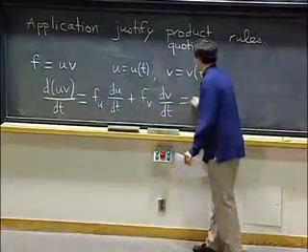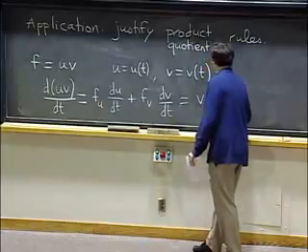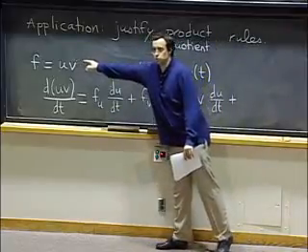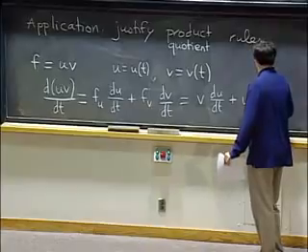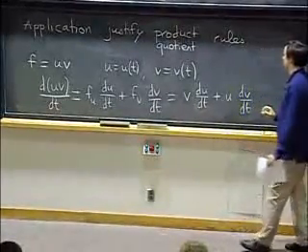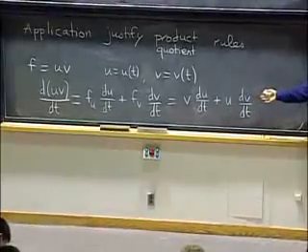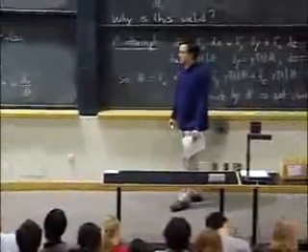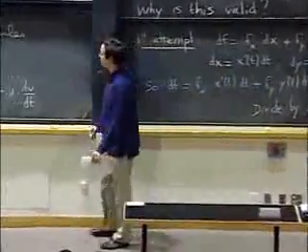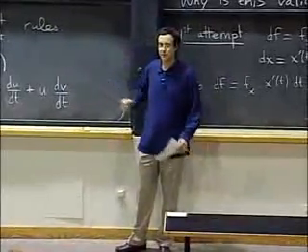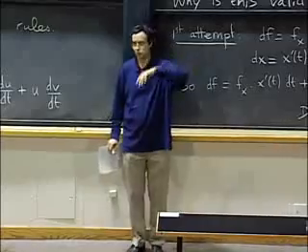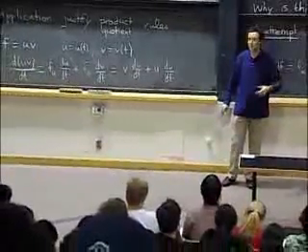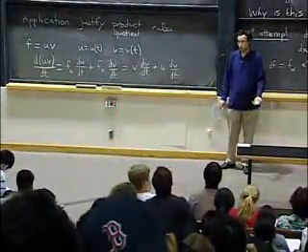It's v. So that's v du dt. And the partial of f with respect to v is just u. So you get back the usual product rule. That's a slightly complicated way of deriving it, but it's a valid way of understanding how to take the derivative of a product, by thinking of the product first as a function of two variables, u and v, and then saying that u and v were actually functions of a variable t. Then you do the differentiation in two stages using the chain rule.